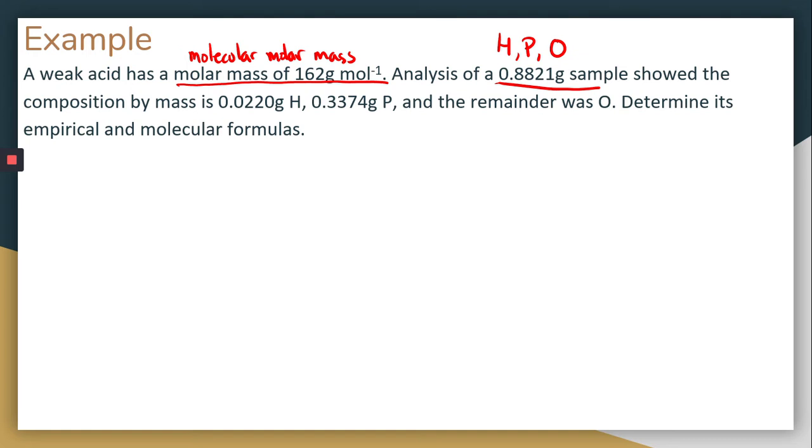And then we have our masses of just hydrogen and phosphorus. The remainder is oxygen. So what we can do is we can take that total and we can subtract our masses of hydrogen and phosphorus, and we would have the mass of just the oxygen.